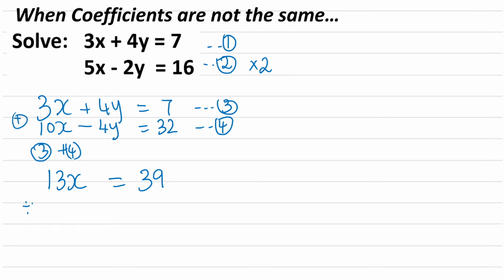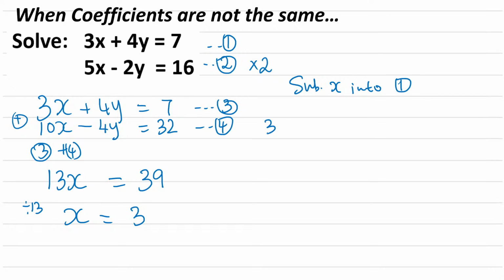Divide by 13 both sides to get x. Therefore, x is going to be equal to 39 divided by 13 is 3. Now we're going to sub x into, let's put it into 1, okay, into equation 1, our original one.